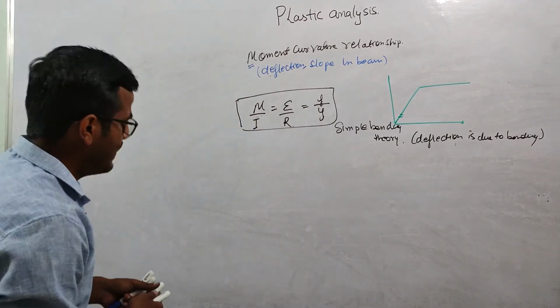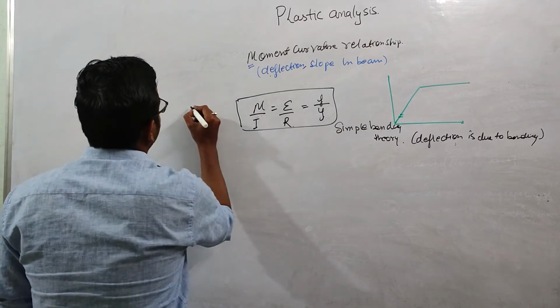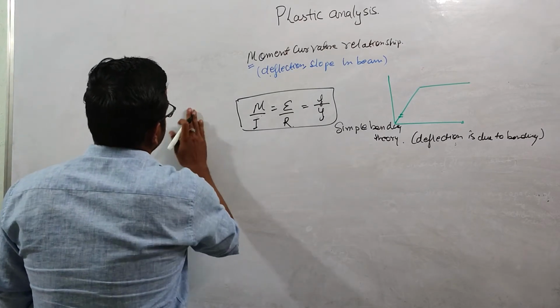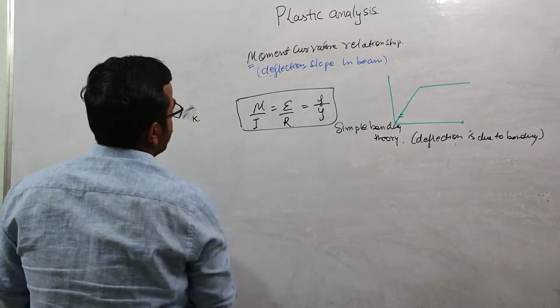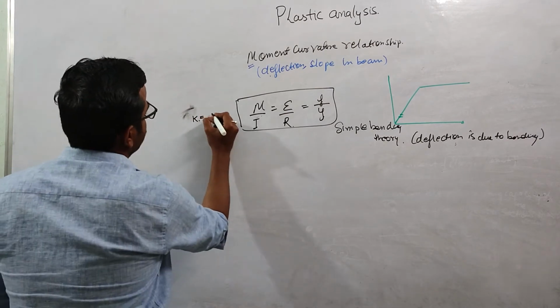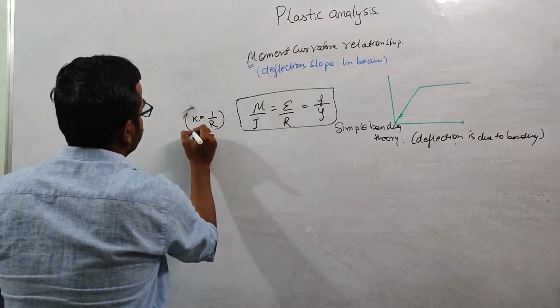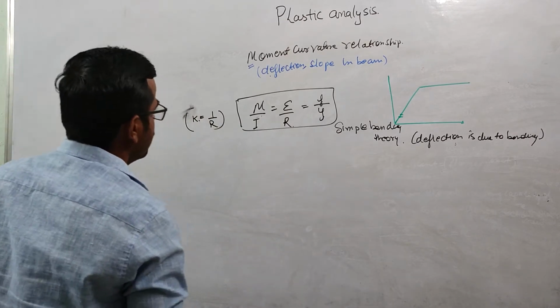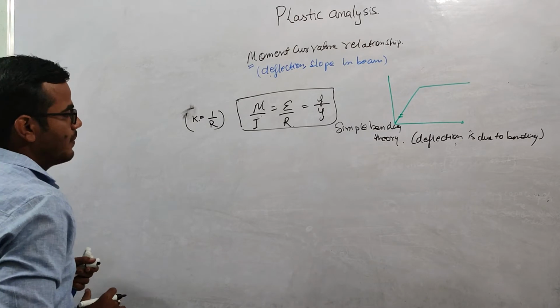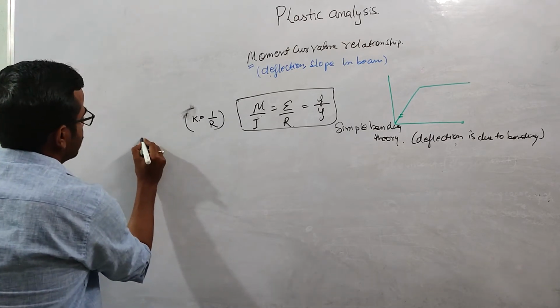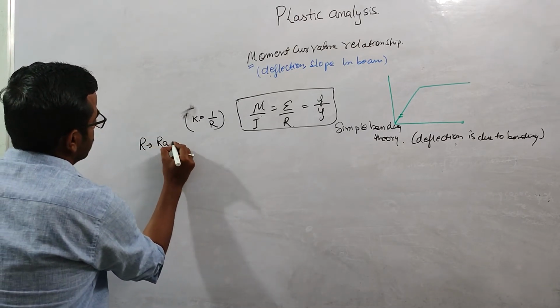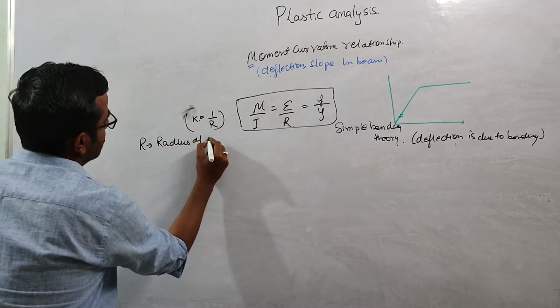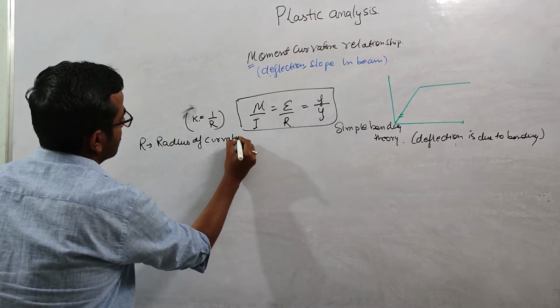So curvature will be denoted by small k. Curvature is nothing but the inverse of the radius of curvature. Okay, so what is this R basically? This R is the radius of curvature.